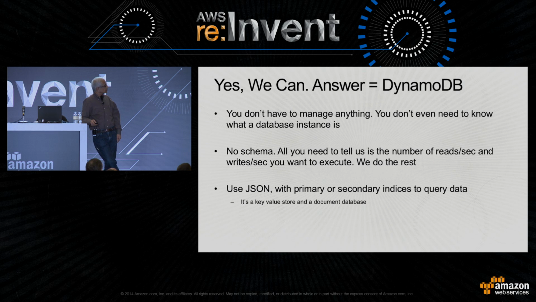And as I mentioned, there's nothing to manage. There's not even a notion of an instance. It's just a multi-tenant service. You just create a table and keep writing to it. The table doesn't have a schema, so you can have items or rows with whatever you want in them. With the latest release of DynamoDB, we are not only a key value store, which is what it started out as when we launched it in early 2012.